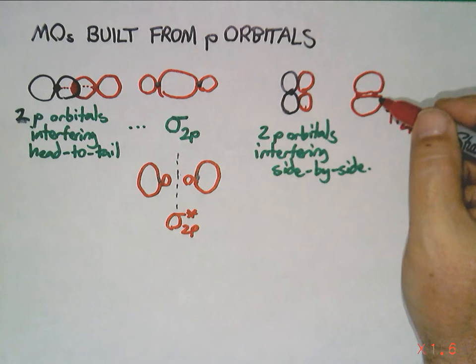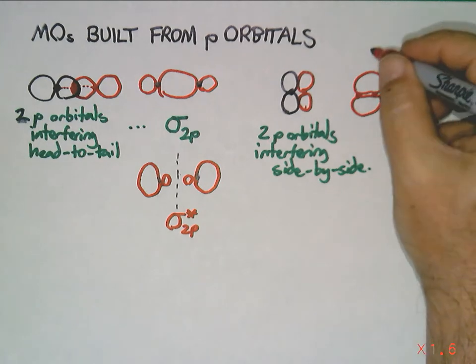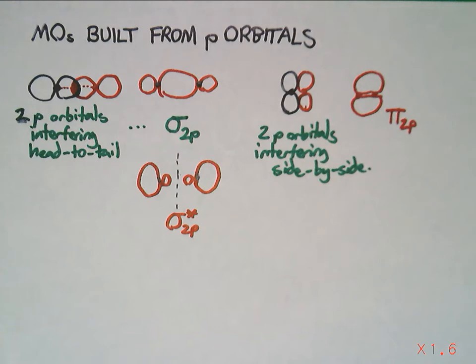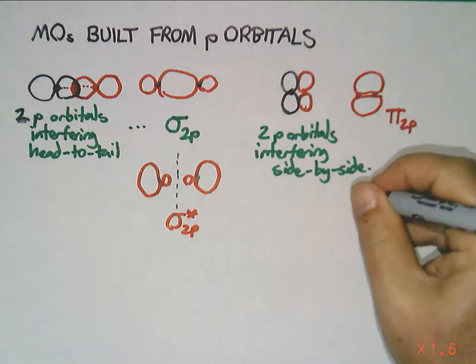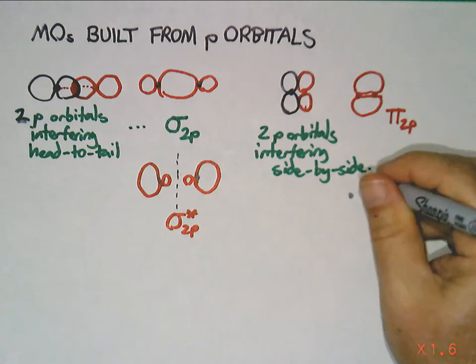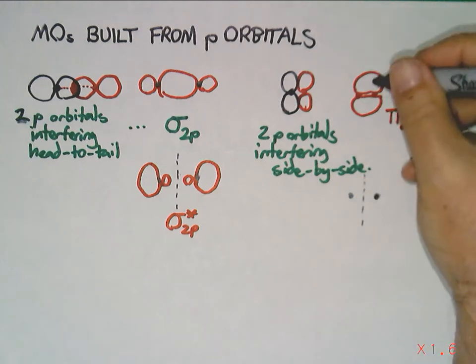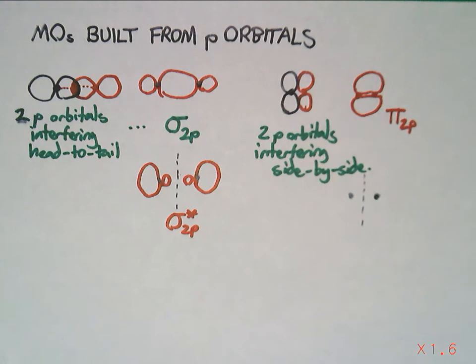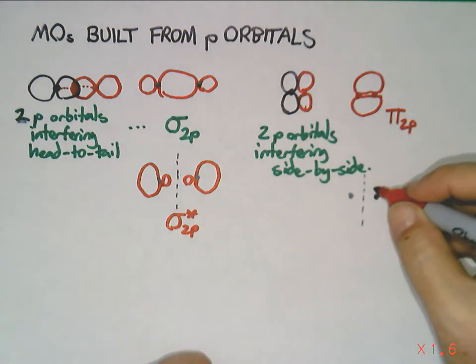how about this one? Can you get an antibonding for this? Yes, imagine that I put a node down the center of this, and the orbital has to shrink away from it. So here are the two nuclei. Here's the node. And I'm going to draw this, but I'm going to make this orbital shrink away from that. What I'm going to get is something that looks like this.